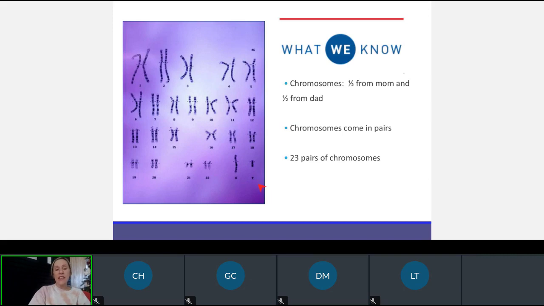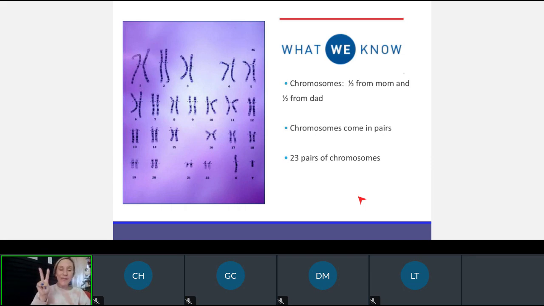So if you are a biological male, this is what your chromosomes look like. We don't have to do any looking at you. If we have a picture of your karyotype, we can tell you. XX is a female.